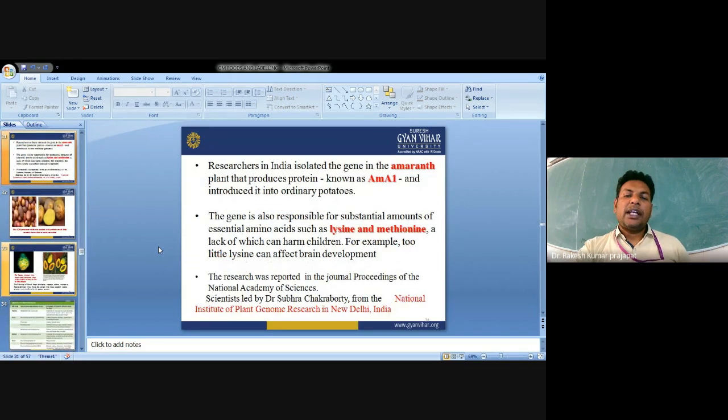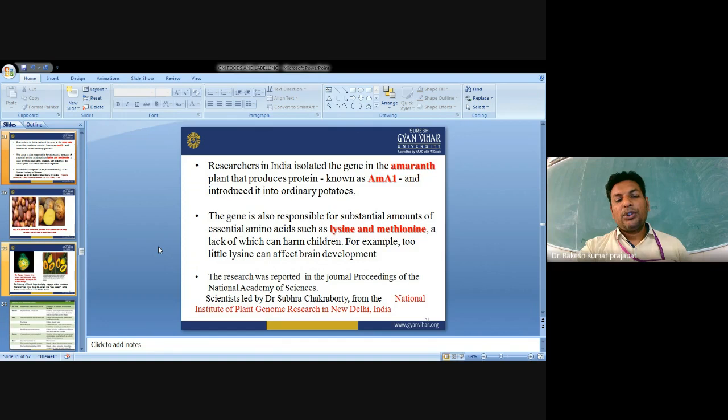Researchers in India isolated the gene in the amaranthus plant that produces a protein known as AMA1 and introduced it into an ordinary potato. The gene is also responsible for a substantial amount of essential amino acids such as lysine and methionine, a lack of which can harm children.